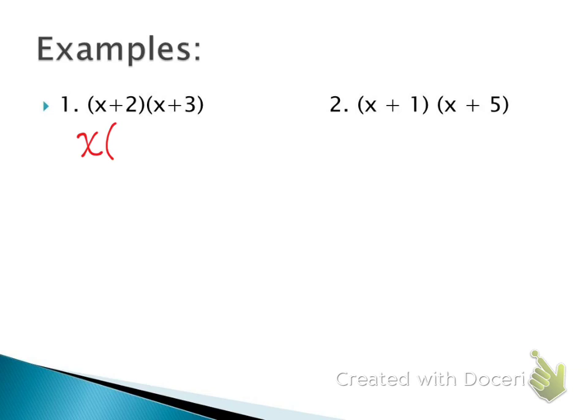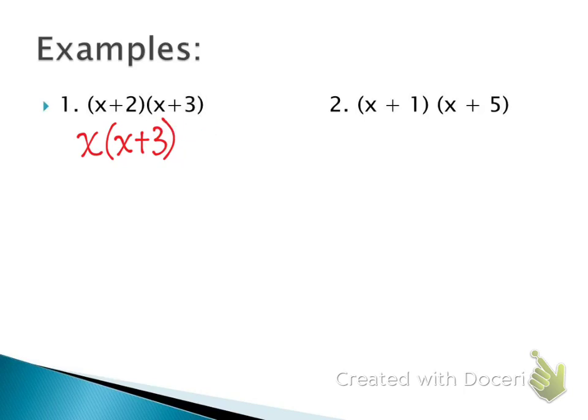What is it? X plus 3. Okay, so a single term is different from a binomial. A binomial is going to usually be in parentheses for us. First term from the first binomial multiplied to the whole second binomial.